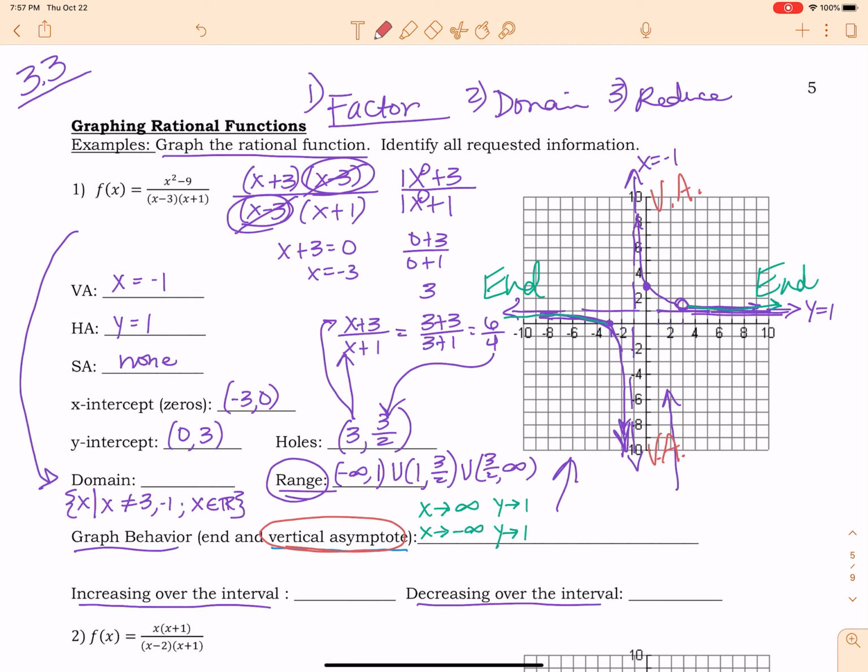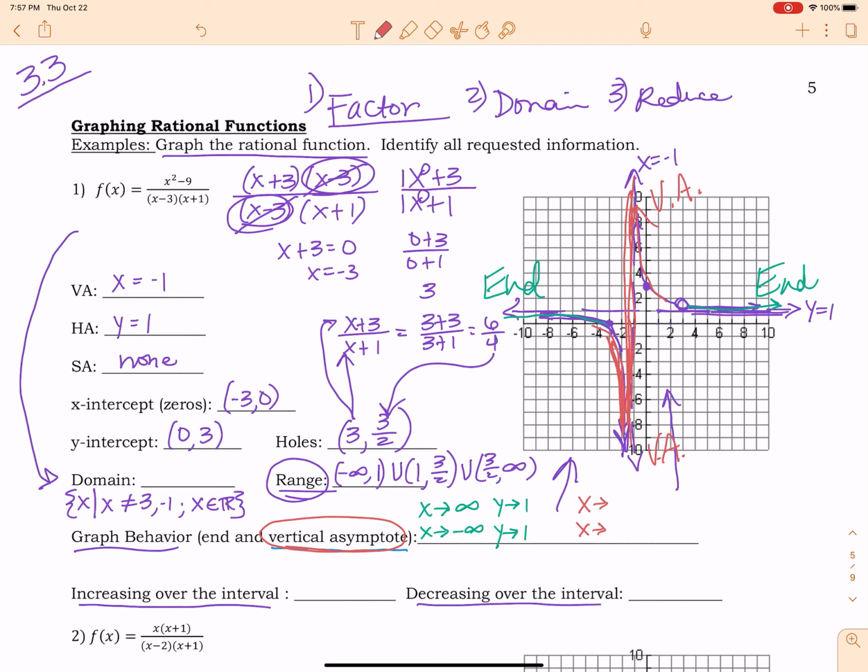Now we have to be careful about this behavior. We are going to still start with x for both of them, but you have to pay attention. The x asymptote is this -1 right here. So as I approach from the right, x is approaching -1. But also down here in this part of the graph, it's approaching -1 there as well.